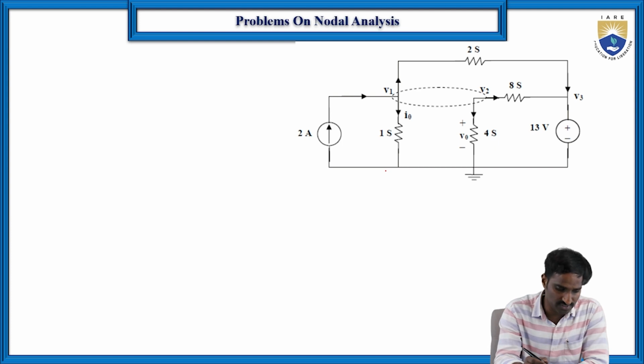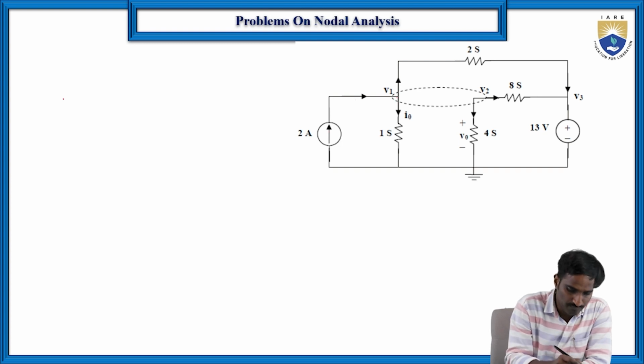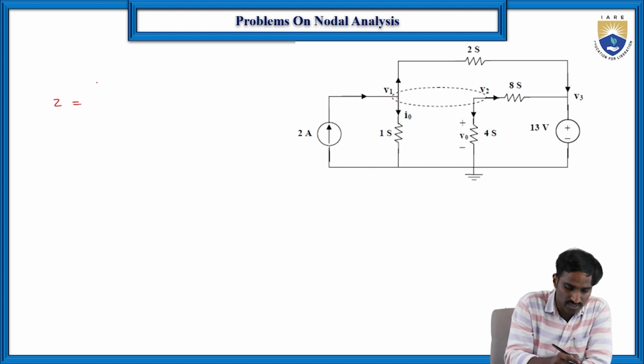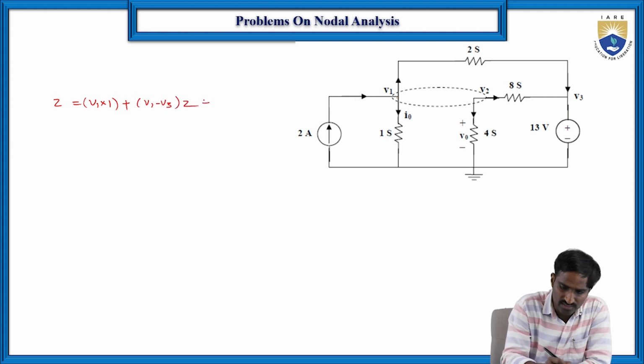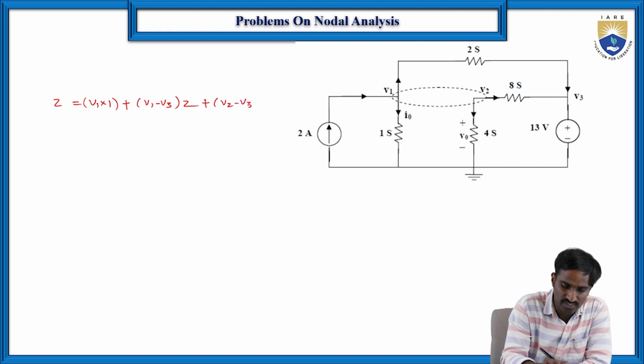In the first case, this is the entering current for this supernode combination. So the entering current 2 is equal to V1 into 1, because here it is in terms of S, so we write it as the inverse, plus V1 minus V3 into 2, plus V2 minus V3 into 8.